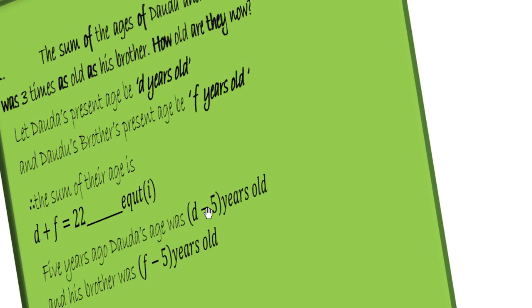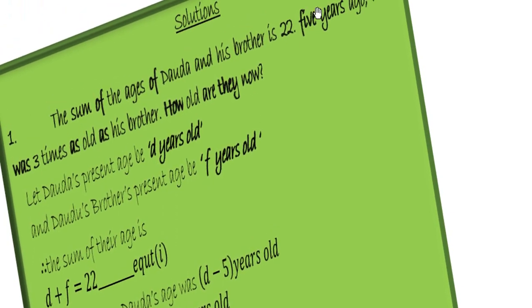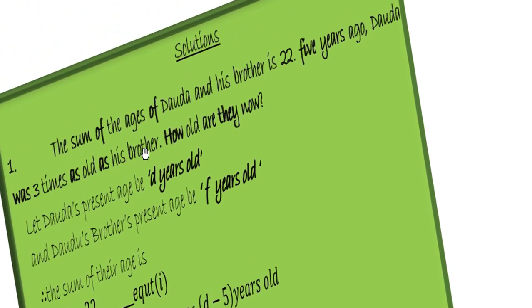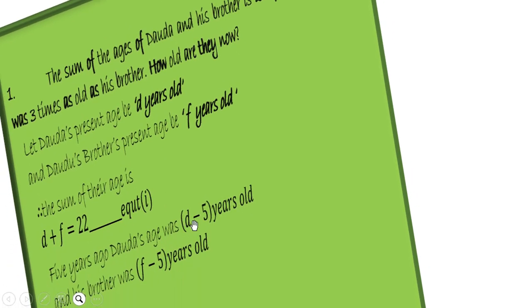So 5 years ago they were D minus 5 and F minus 5 years old. The statement says 5 years ago Dauda was 3 times as old as his brother. So it means that 5 years ago Dauda's age, which is D minus 5, is equal to 3 times F minus 5, his brother's age.